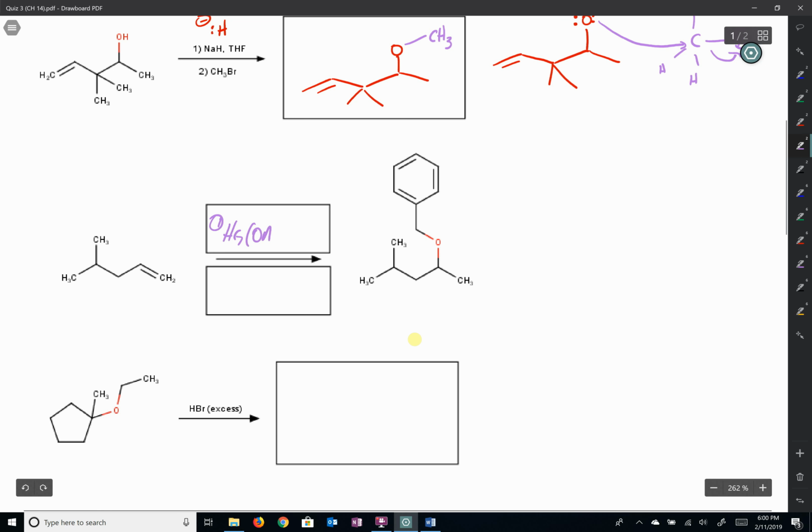So let's bring in our mercury salt. And we'll do it in the presence of our alcohol. So we do our oxymercuration in step number 1. And in step number 2, we demercurate there. We get rid of our mercury salt. So we're doing our oxymercuration, demercuration, and we demercurate using sodium borohydride.